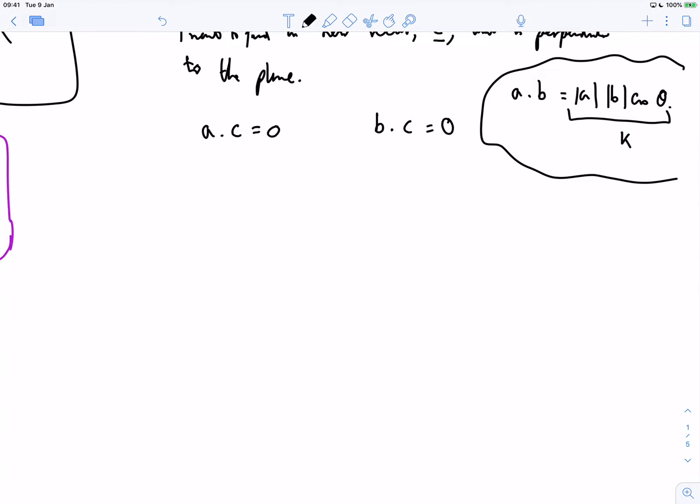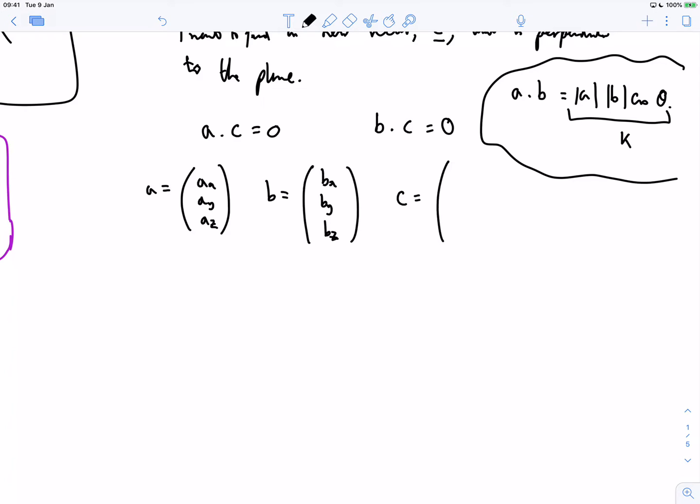So, A we're going to find as having AX, AY, AZ. B is going to have the components BX, BY, BZ. And C is going to have the components CX, CY, and CZ. By the way, all these X, Y, Z's here are just numbers, they're just constants, whereas A, B, and C are vectors.